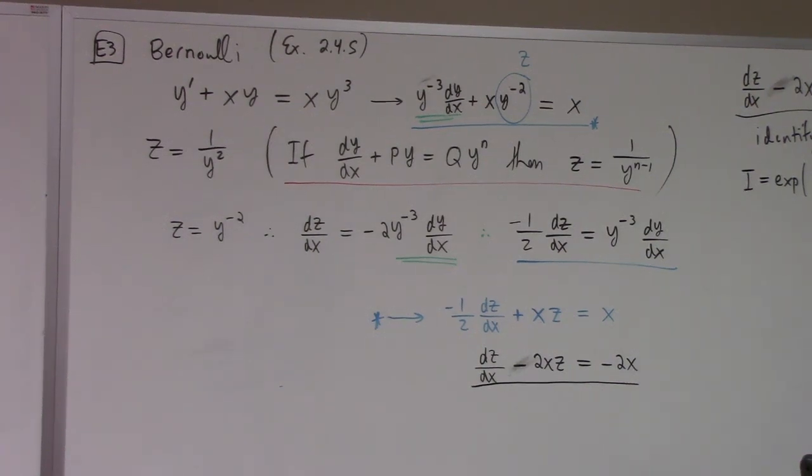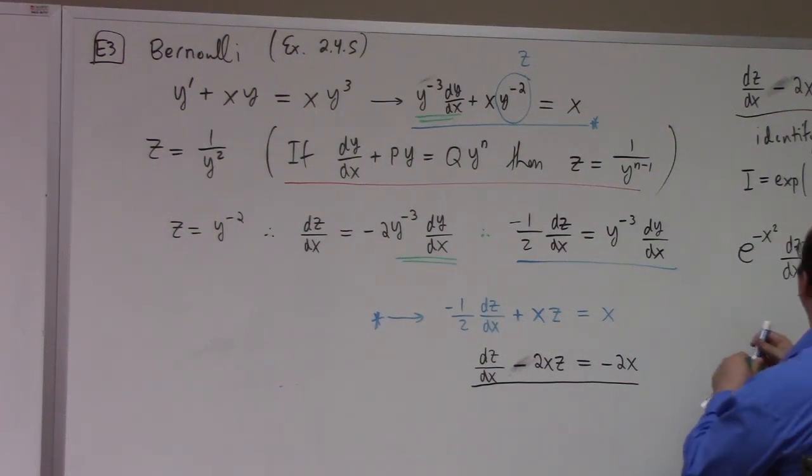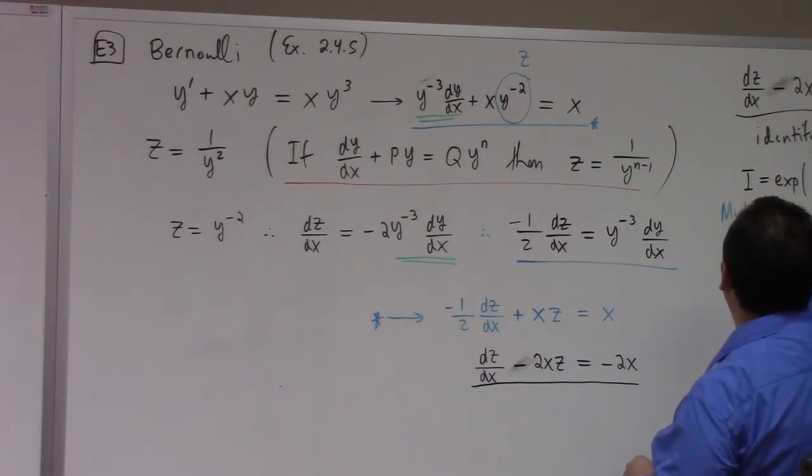So then what's our next move? We multiply the differential equation by the integrating factor. So we get e to the minus x squared dz/dx minus 2x e to the minus x squared z equals minus 2x e to the minus x squared. That was multiplying star star by the integrating factor.